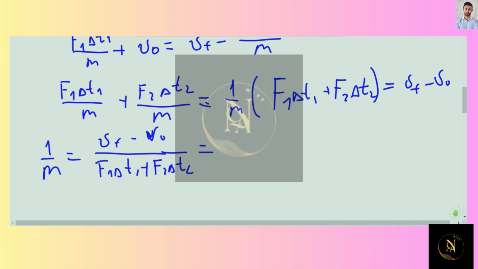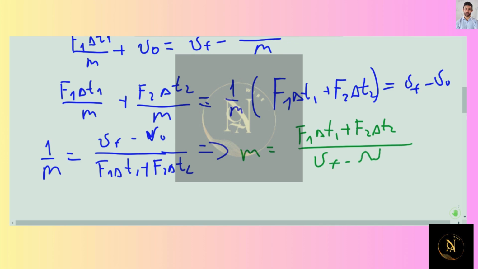Therefore, mass equals (F1 delta t1 plus F2 delta t2) divided by the difference of the velocities.